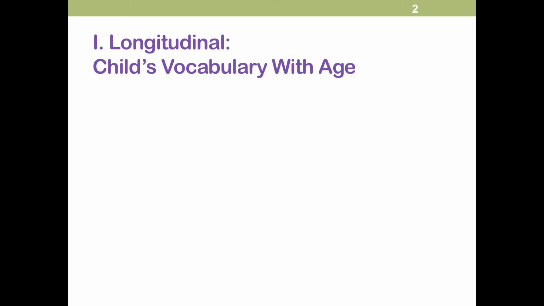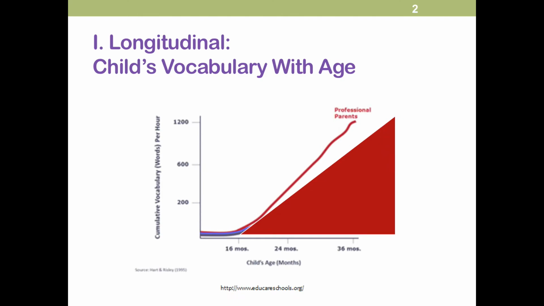But for now, imagine that you wanted to answer that previous question we had posed. How does a child learn language or vocabulary with age? If you wanted to look at it longitudinally, you could follow a particular child and, say, give him or her assessments of vocabulary at 16 months, 24 months, 36 months, etc., and look at the number of words per hour that child emits.